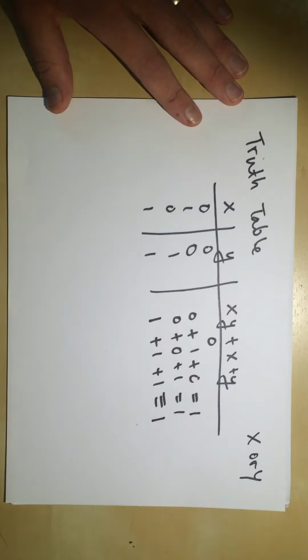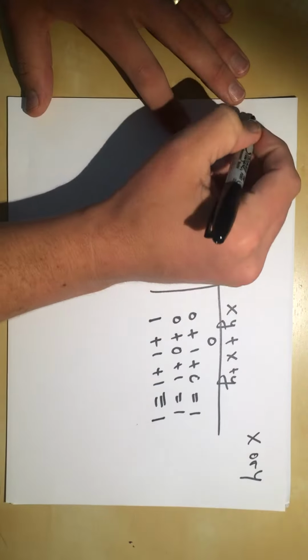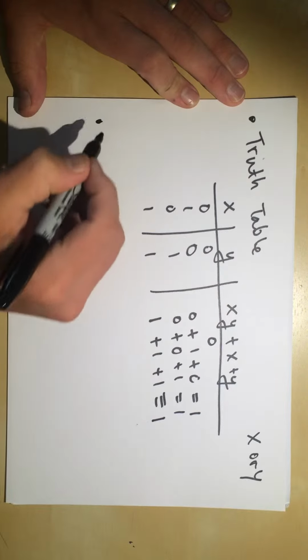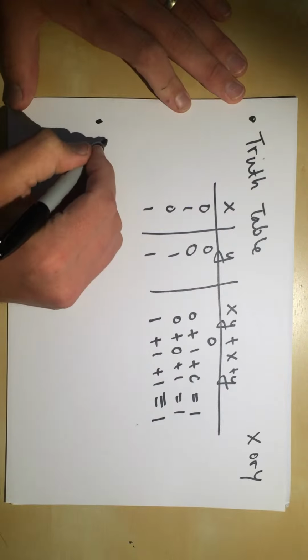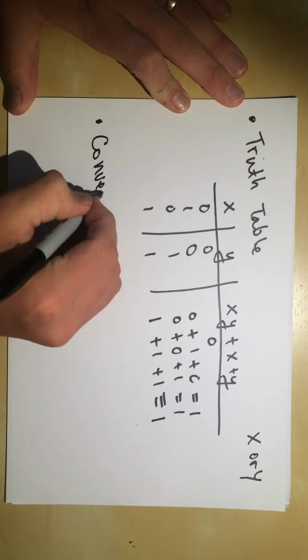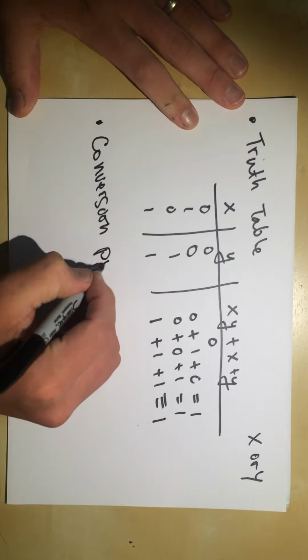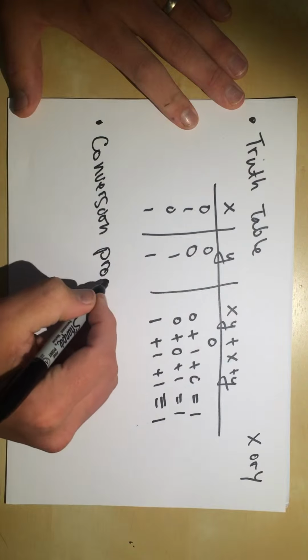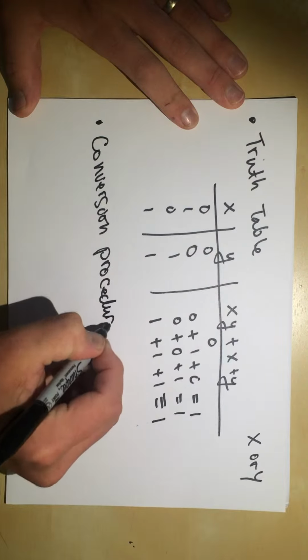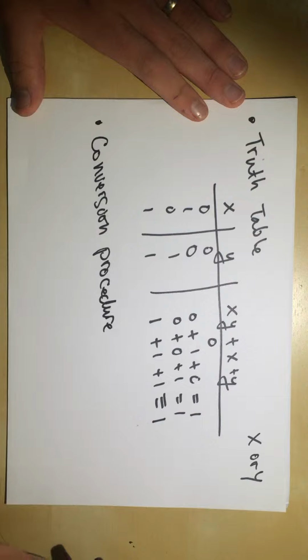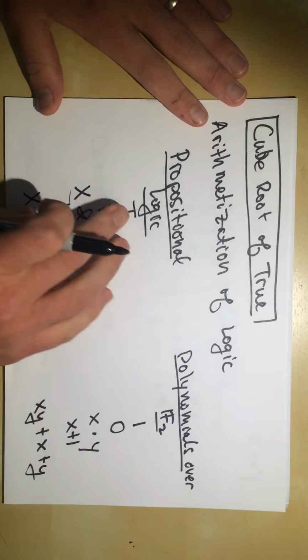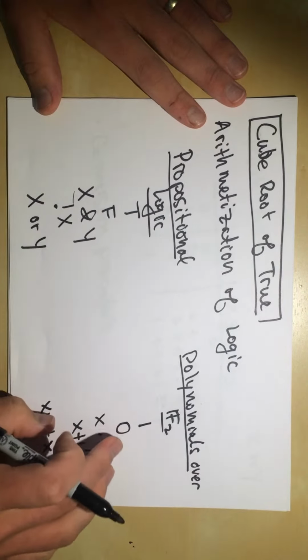Okay, so what else do I want to say? I wanted to say that the conversion procedure is general. So I can do any number of variables and convert the propositional sentence here into a polynomial over F2.